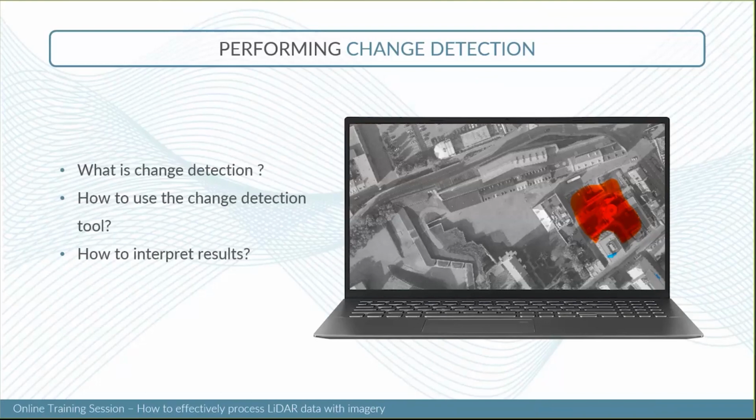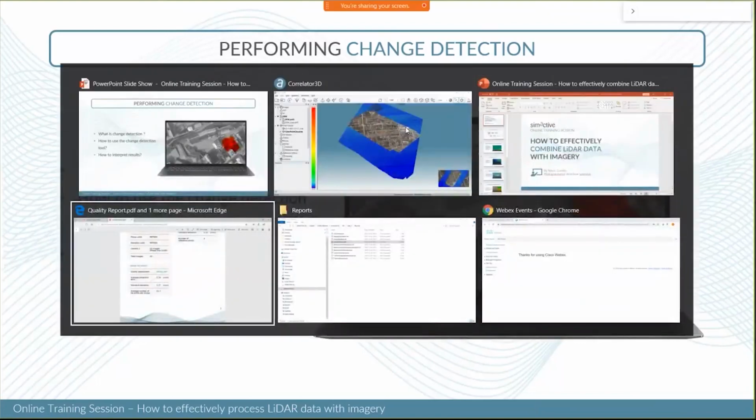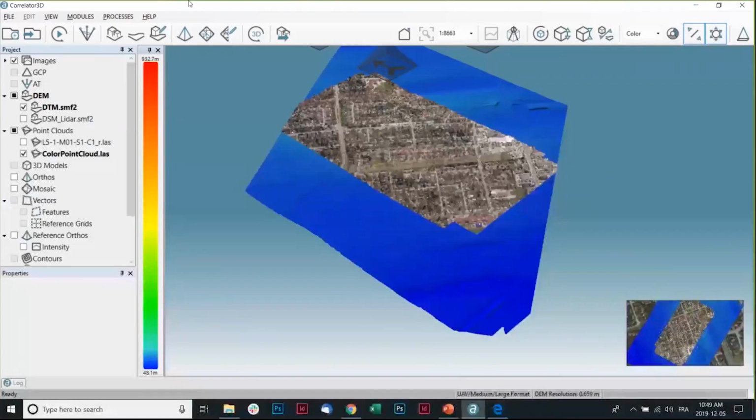And depending on what you want, you could also show those changes in your mosaic. If I show you in the software how it looks, if you want to perform a change analysis, you'll need to import your DSM and your DTM, depending on what you want, and then in processes you'll be able to perform a change detection.